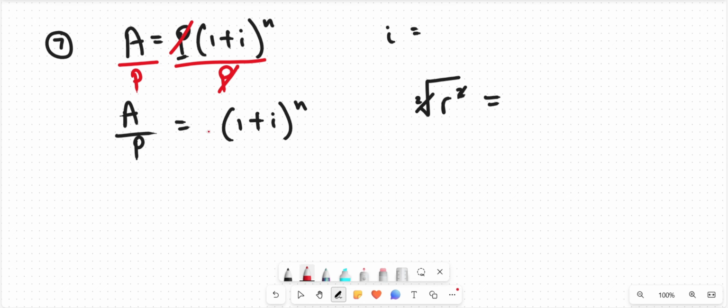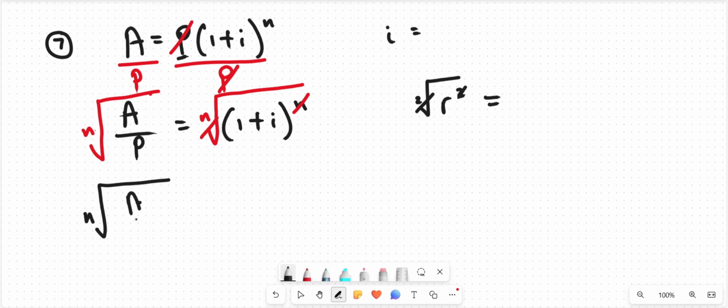We take the nth root on both sides. So this nth root and this n are going to cancel. So this ends up being the nth root of A over P is equal to 1 plus I.